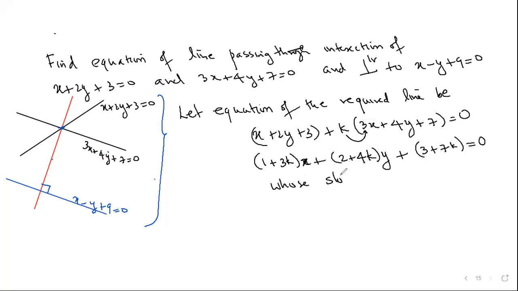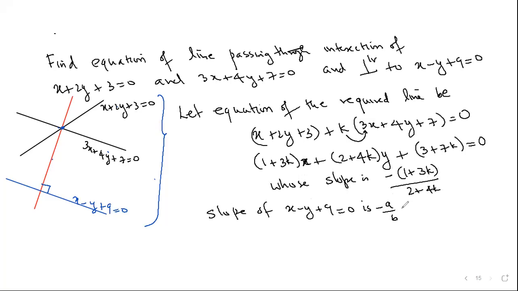I'm going to find the slope, whose slope is minus a by b. Do you agree with this? Now take the slope of the blue line. It's minus 1. The slope of x minus y plus 9 equal to 0 is minus a by b, minus 1 upon minus 1 becomes 1.